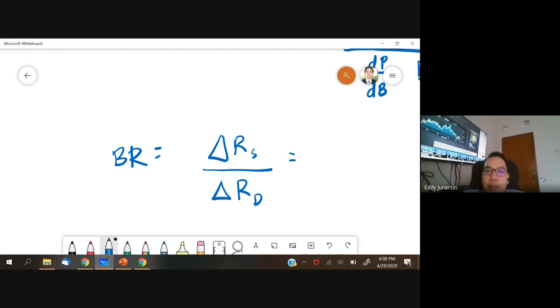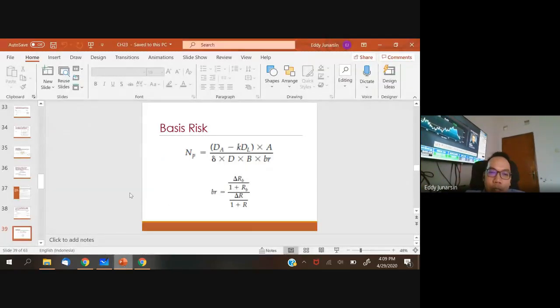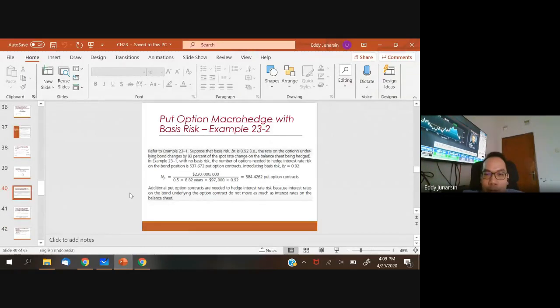In our previous example, we assumed that the change in interest rate in the spot market and in the option world were the same. That's why there was no basis risk in our previous example. But now we have the inclusion here. We got the information. That's why it is a bit confusing.